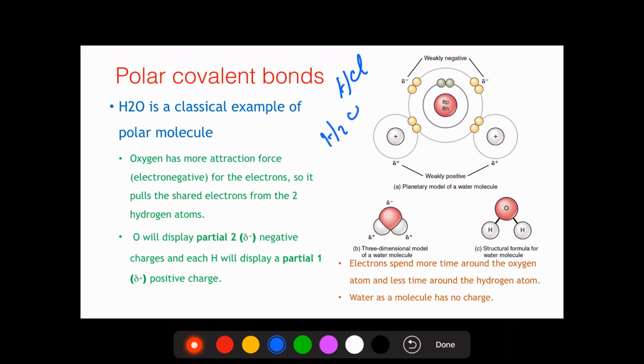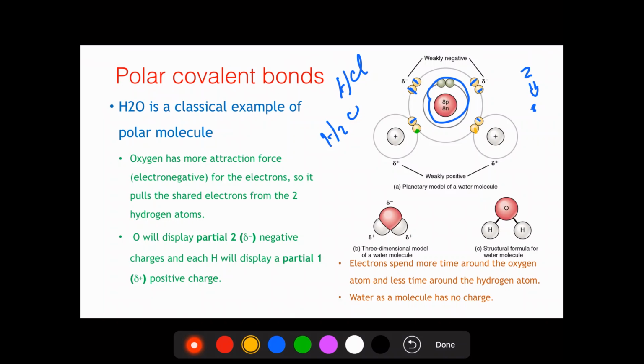In water, we have an oxygen atom, right? This oxygen atom has 6 electrons in its valence shell, and as we understand, it needs 2 more to get the octet. So there will be 2 hydrogen atoms, this is 1 and this is 2.